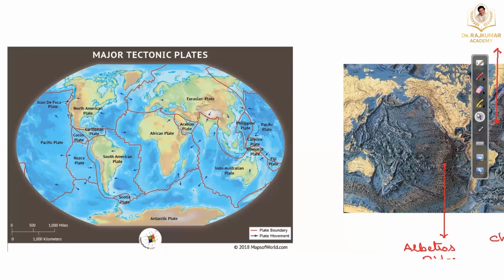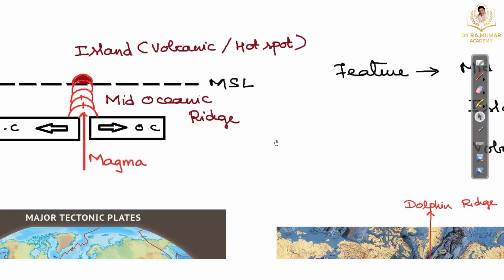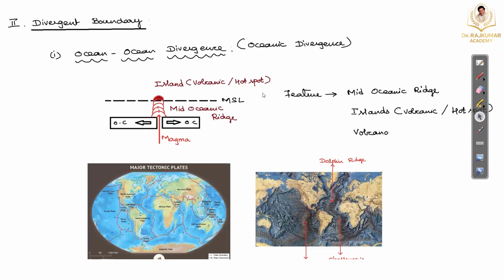Fine. So one feature we have taken: wherever you have oceanic divergence taking place, what is the default feature I'll be having? I'll be having this mid-oceanic ridge, number one. Number two, this mid-oceanic ridge is going to grow vertically. What is the reason for its vertical growth? We have justified.